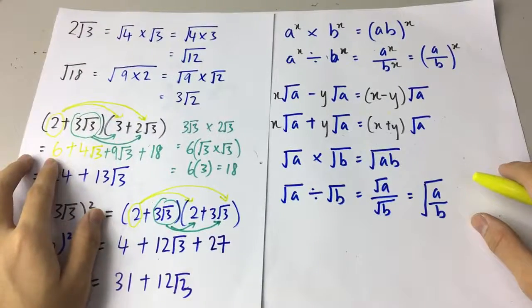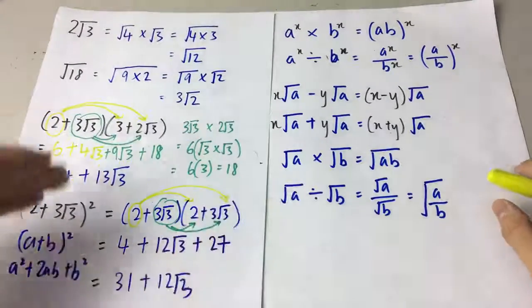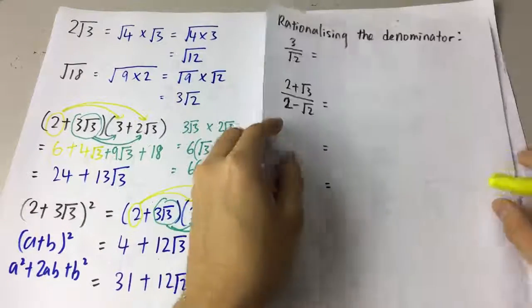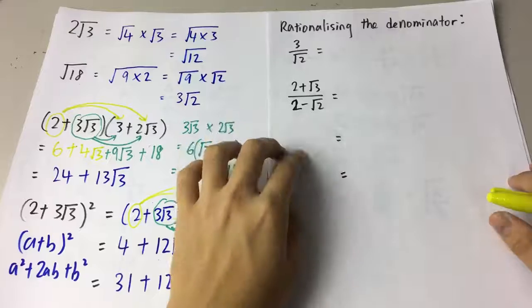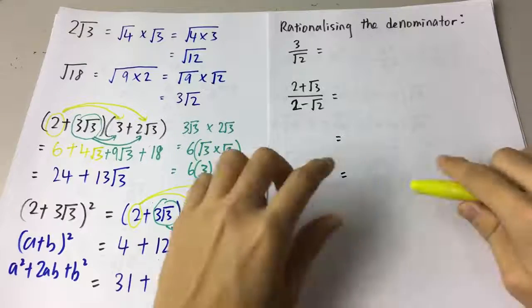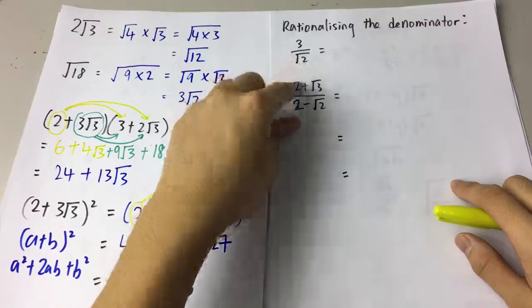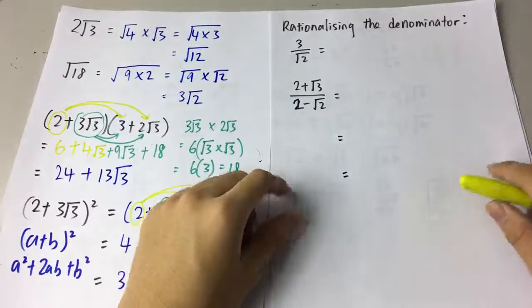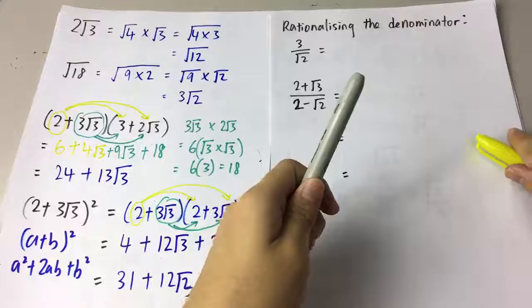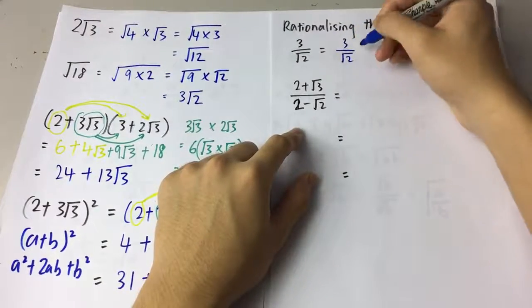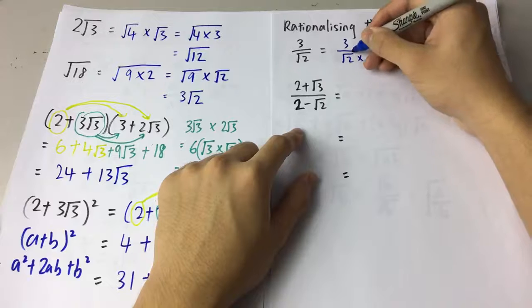You see the formulas are here and I've just applied all of them. Now we're going to do rationalizing the denominator. Rationalizing the denominator means you need to turn the surds, the roots here, into a natural number. So how do we do it? First, you see 3 times 3 over root 2, so we need to make it rational.